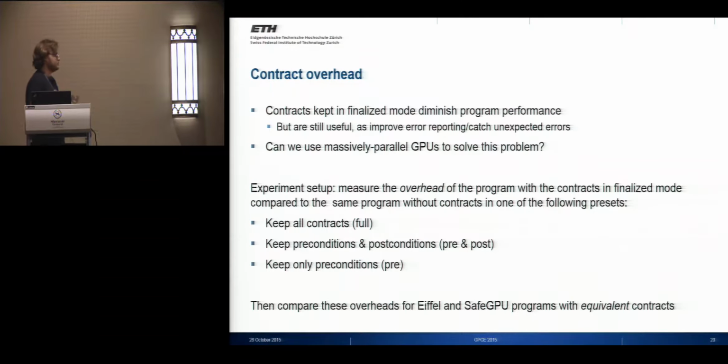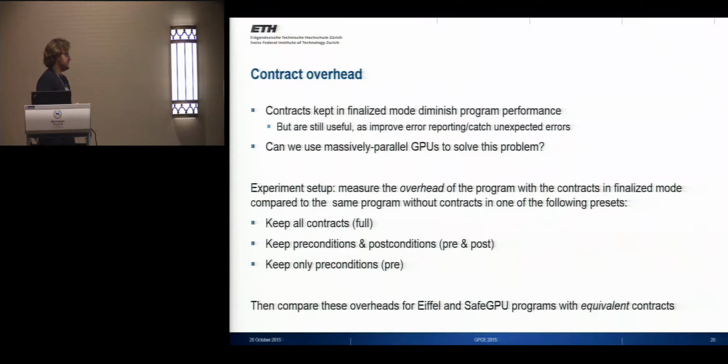They're still useful as they improve debugging, and they can catch unexpected errors even in production. That's what we want to keep. So the question is, can we use massively parallel GPUs to solve this problem? And can we keep the contracts in finalized programs?